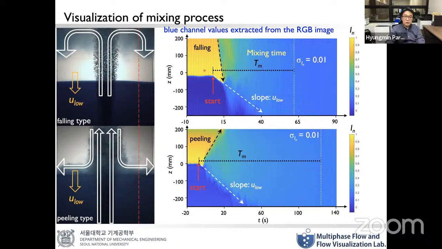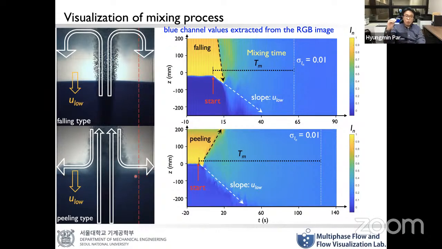As you can see, initially before the bubble plume starts, we have a clear interface between the upper and lower liquid. This is the falling type, and the bottom is the filling type, right? For falling and filling types, the direction of the upper liquid is different. This starting point means that when we turn on our bubble plume, it starts to mix, and this is a very important parameter: the slope means U low, the downward velocity of the interface between upper and lower liquid.